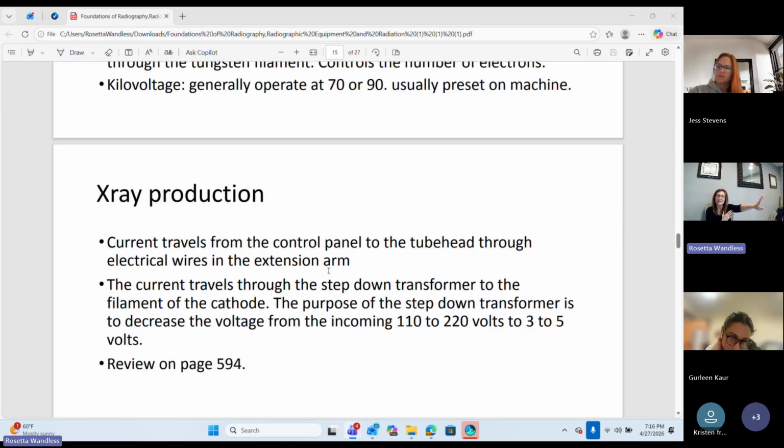99% is heat. It's getting absorbed in my copper stem out to my insulating oil. My 1% that remains is electromagnetic radiation. That is my primary beam. It's called primary beam, primary radiation, central ray, central beam.